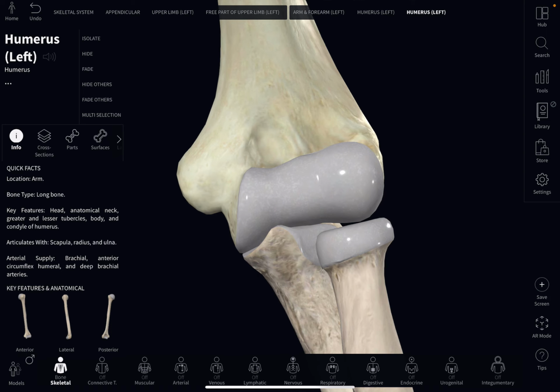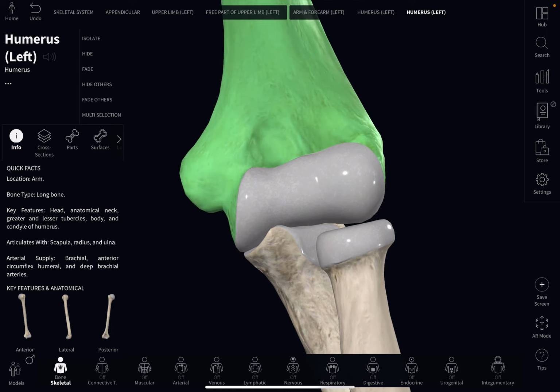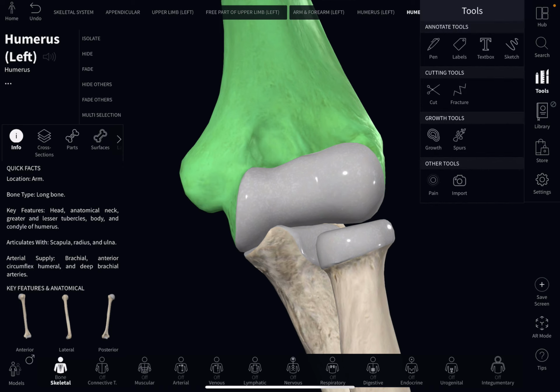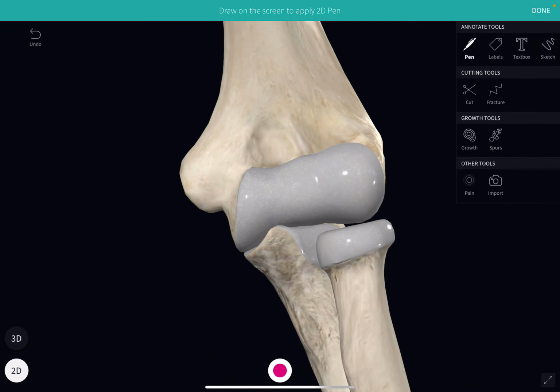We can see the condyle of the humerus articulating with the radius and the ulna in the lower ends. Here is the capitulum, which lies laterally. This is medial. You can tell by this expanded part, which is called the medial epicondyle, and this is the lateral epicondyle. Now this structure here, the capitulum, is going to articulate with the superior surface of the head of the radius.